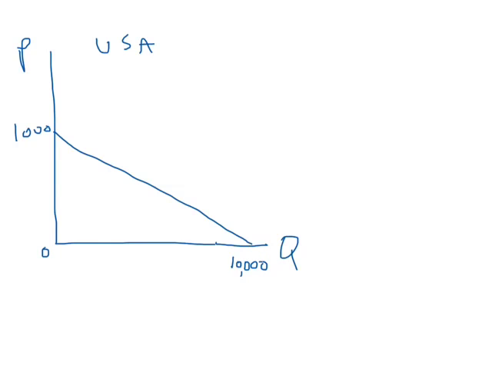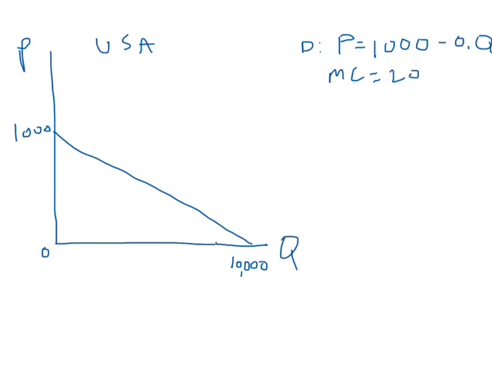And algebraically, we've got a demand curve, P equals 1,000 minus 0.1 Q. We know also that marginal costs are constant at 20.